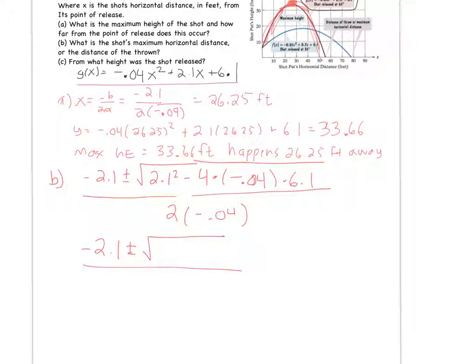All over, now this is going to be negative 0.08. And when I crunch that out, I get 5.386. Now I can get negative 2.1 plus or minus the square root of that, which is 2.32.